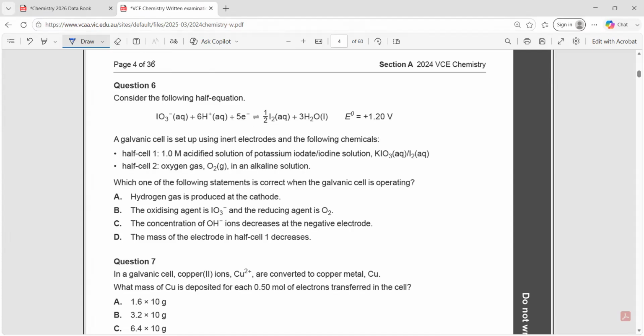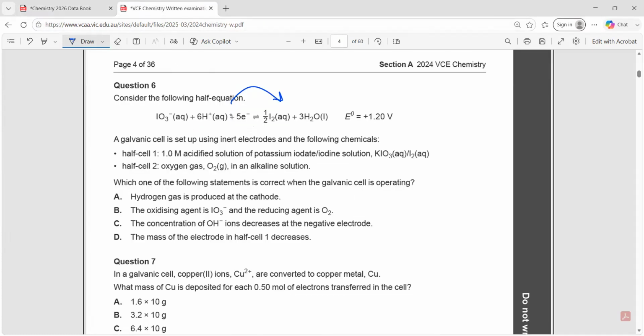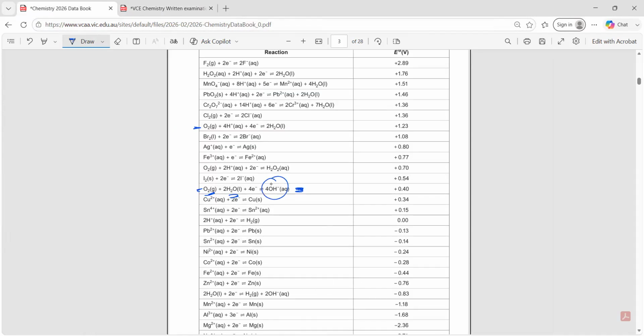So this would be going from here to there. Hydrogen gas is produced at the cathode. Well, this is what the cathode would be, and there doesn't seem to be any hydrogen gas being produced, so that's okay. The oxidizing agent, so that's being reduced, so it would be the oxidizing agent. And the reducing agent is oxygen. I don't think so. So the reducing agent is that, so that's being oxidized.